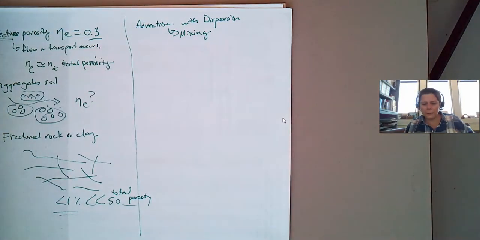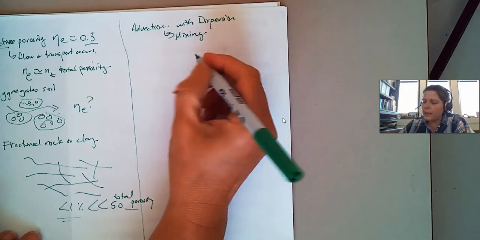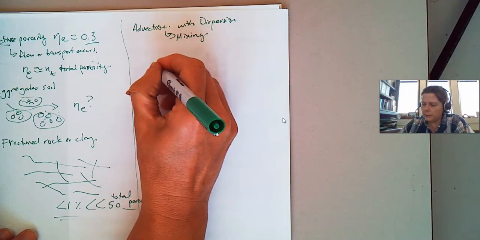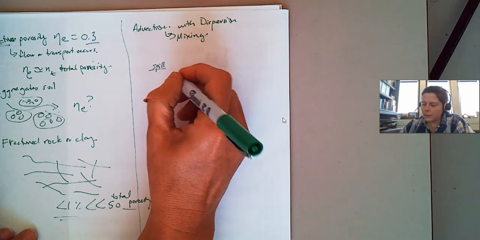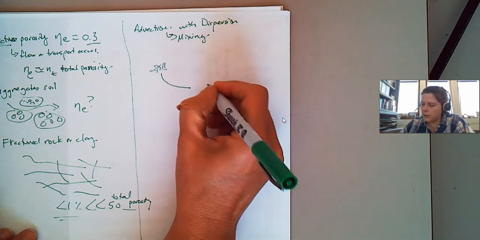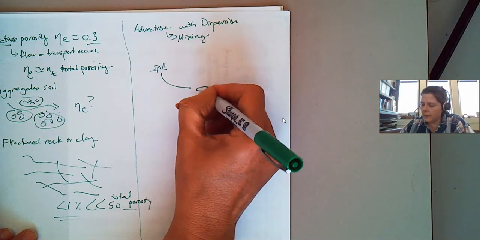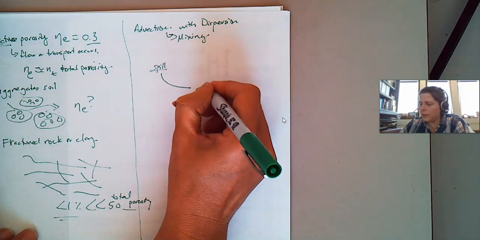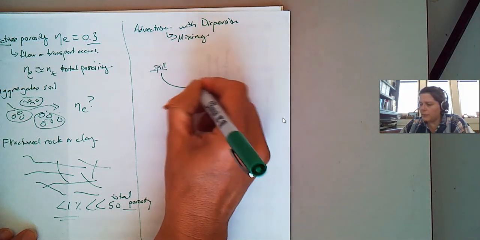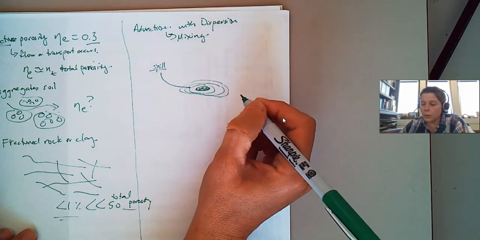And once we have dispersion, what's going to happen is you're going to have your spill here, and you're going to have your flow going this direction. You're going to have a higher concentration in the middle, and then rings around it of lower concentration.